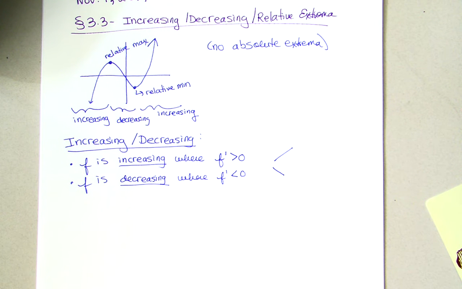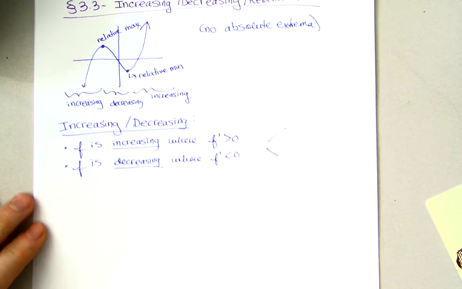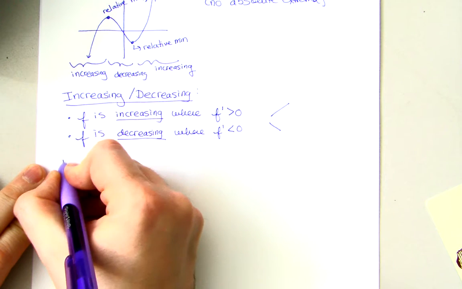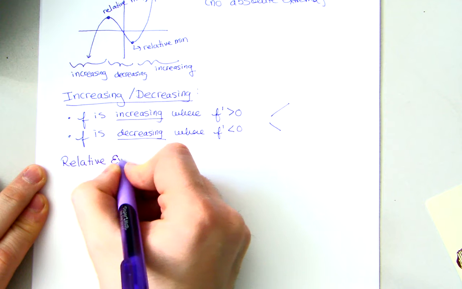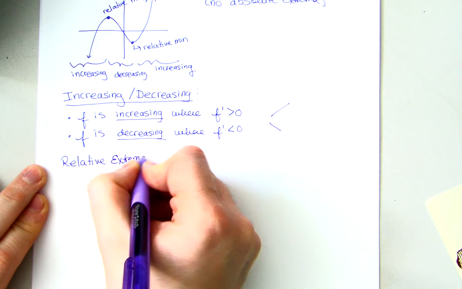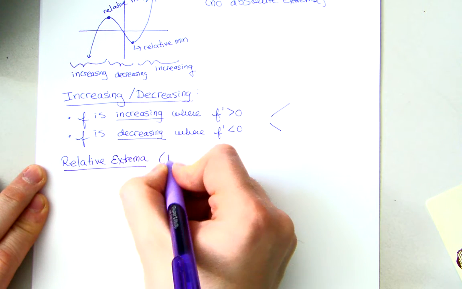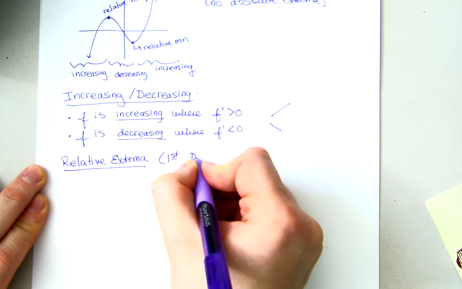Let me give you the definition of a relative max and a relative min. The actual definition, not is the highest point for part of the graph, but the real definition and how we're going to find things. Relative extrema. And what I'm about to talk about is sometimes referred to as the first derivative test.